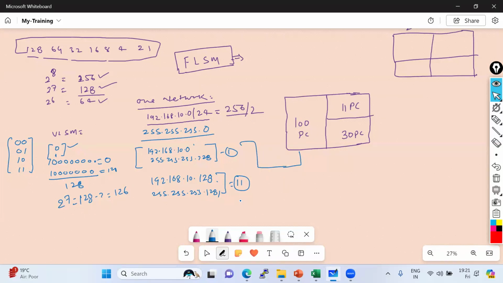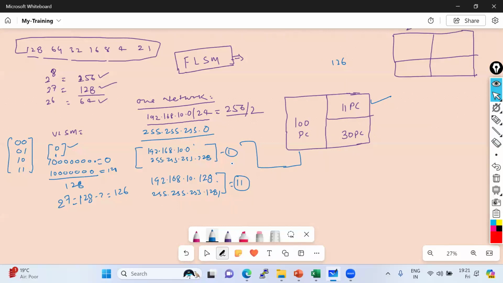But now I have another network, this second network. If I assign this one, I waste a lot of IP addresses because I have 126 IP addresses in total, but I only need 11. So I need to divide this in such a way that minimum waste of IP happens, and I can get very close to the actual requirement.